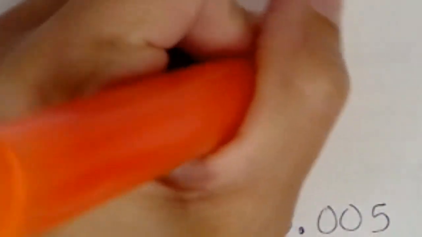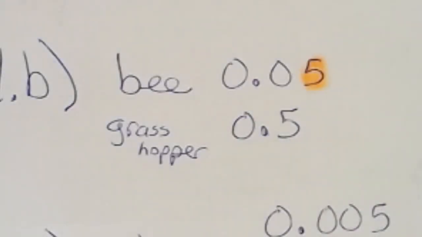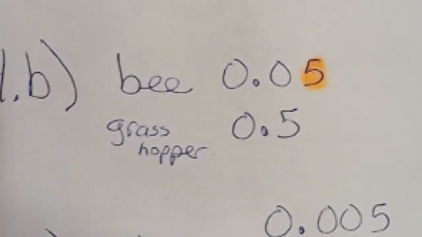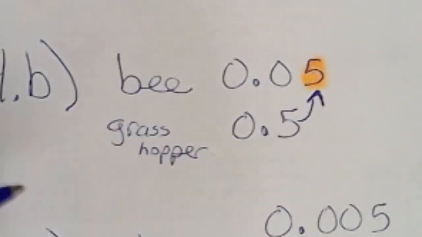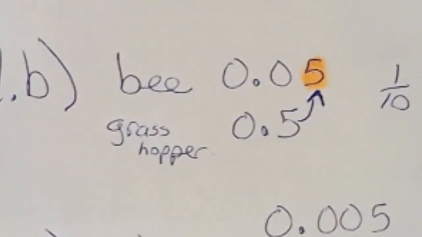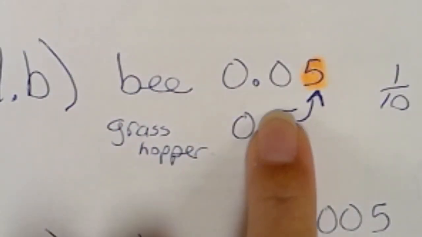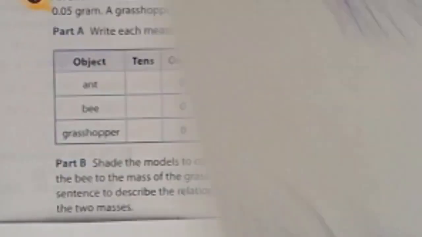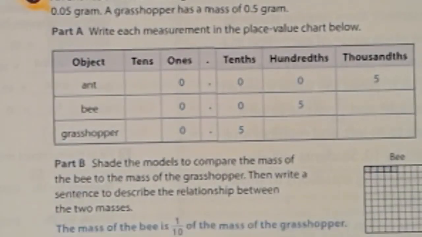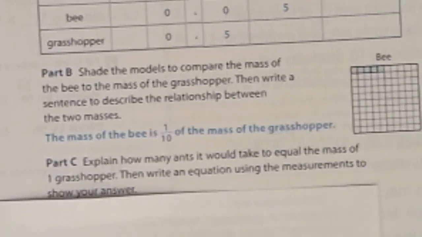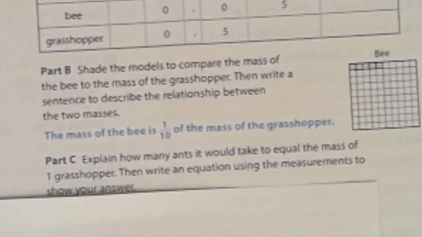Since the bee comes first, we're comparing the bee to the grasshopper. We highlight the bee. The bee is to the right, and since it's to the right, that would be 1/10 the value. So the bee is 1/10 the mass of the grasshopper. So if we look at the answer here, the mass of the bee is 1/10 the mass of the grasshopper.